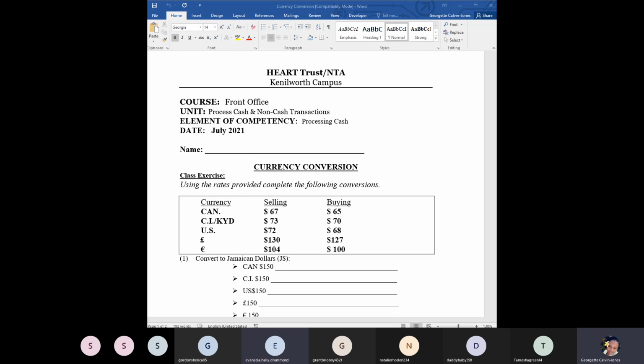Okay. So when you're converting to Jamaican dollars, meaning at the end of the day you're changing to the Jamaican currency, then you are selling. And when you are converting from, meaning you're buying JMD.